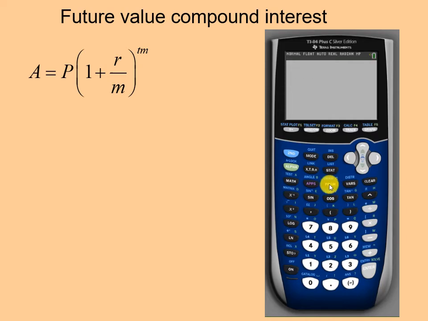That's program I/O, number 3, ANS, which is second, and then the bottom key, and that's our program for the compound interest where we're trying to solve for the future value.